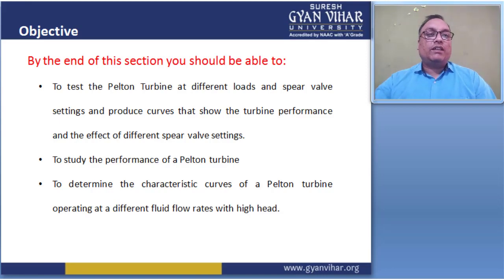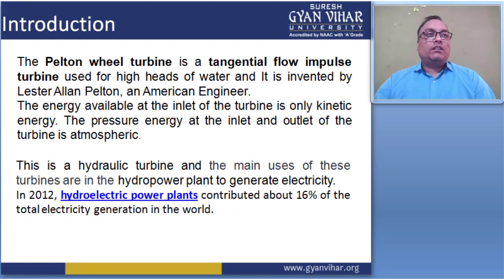So we move to the introduction of this turbine. This is an impulse class of turbine, invented by the American inventor Lester Allen Pelton in 1870, and this is one type of high head turbine, used for high head applications.